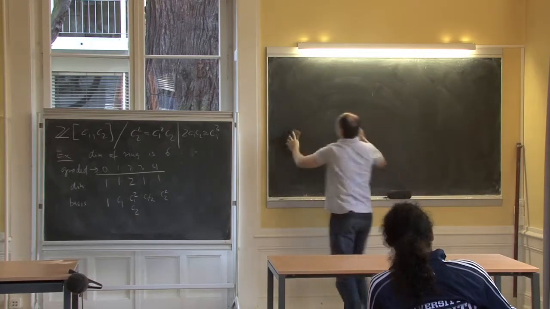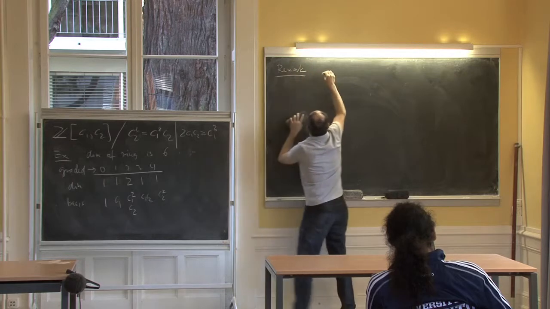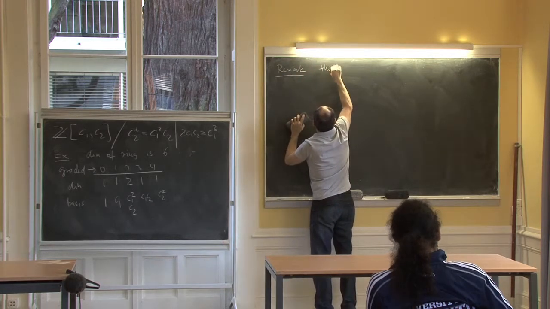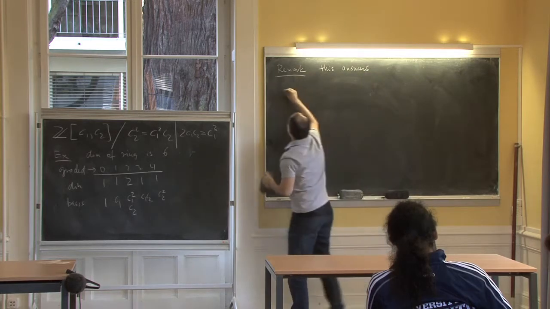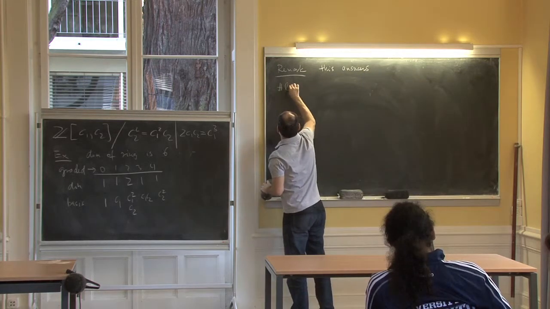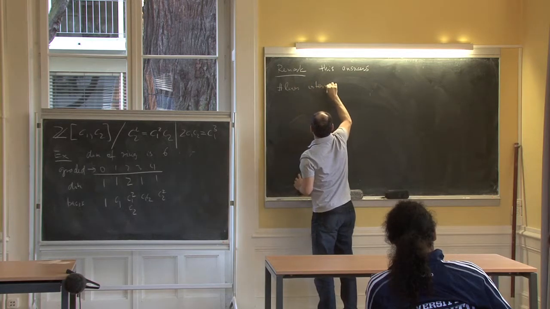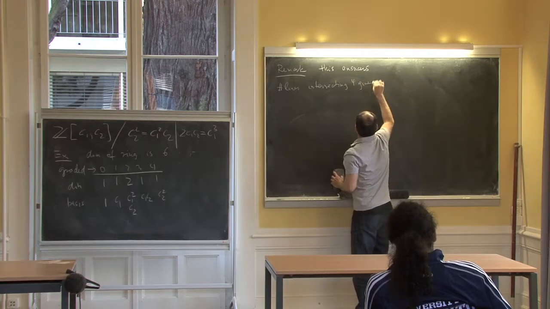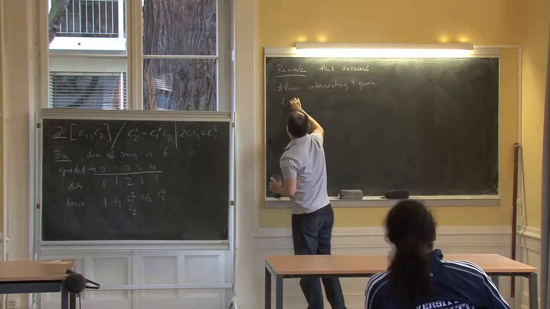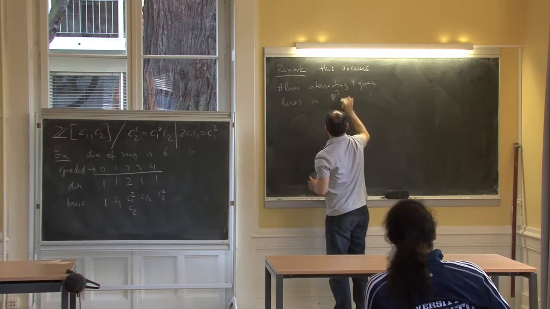So one remark. This answers our problem, the number of lines intersecting 4 given lines in 3 space. Well, in P3, say.